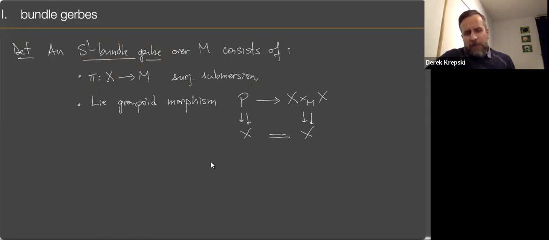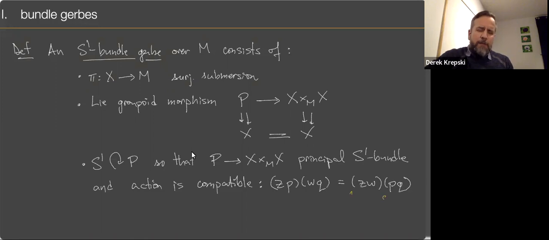So in particular, we have this groupoid structure already on P. And this map from P to the fiber product has to be an S1 bundle. And the S1 action has to be compatible with the groupoid multiplication. Okay, so that's quickly what an S1 bundle gerbe is.